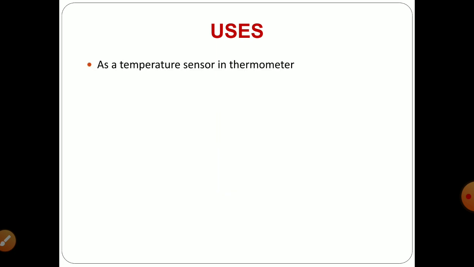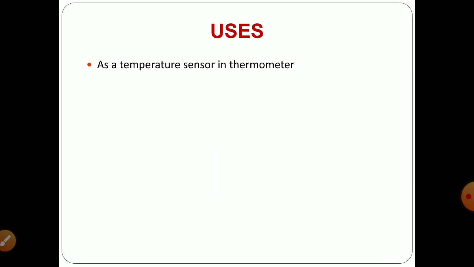The various uses of liquid crystals: as you are dealing with cholesterics, they give you colored appearance. Based on this, they are used as a temperature sensor in a thermometer. They can sense the temperature and change color.